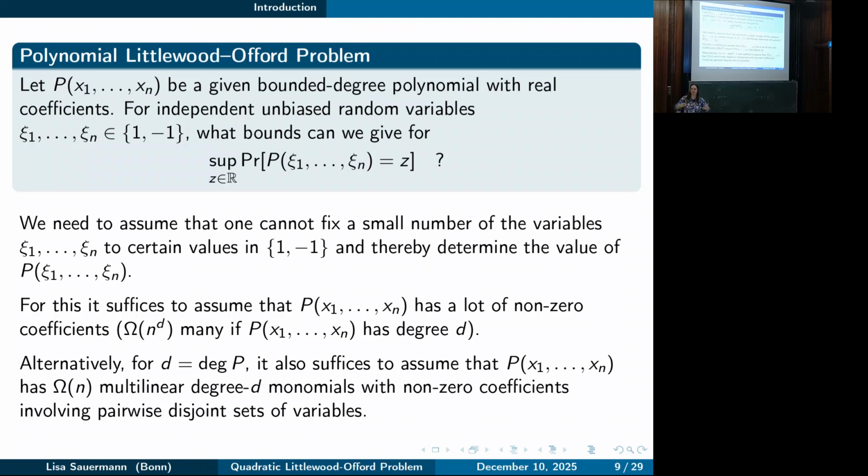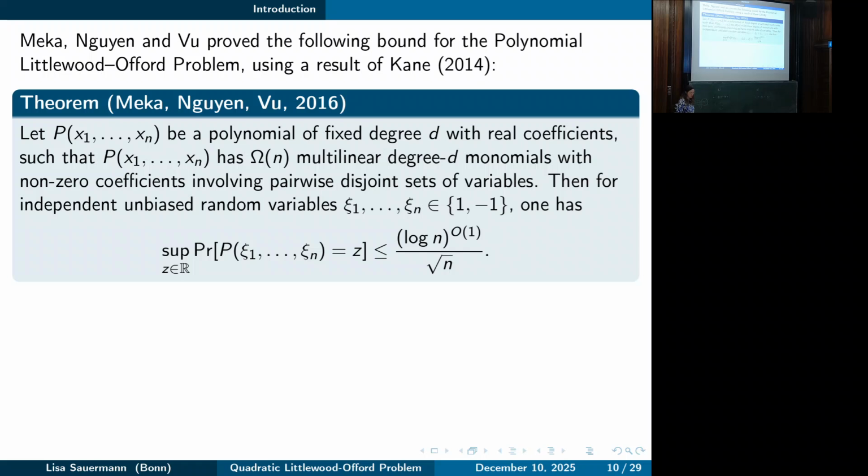As you can see, there are various reasonably natural conditions you can put on the polynomial, and different researchers who have worked on this problem have worked with different types of those conditions. Here is, for fixed but general degree d, the best result that is known on this.